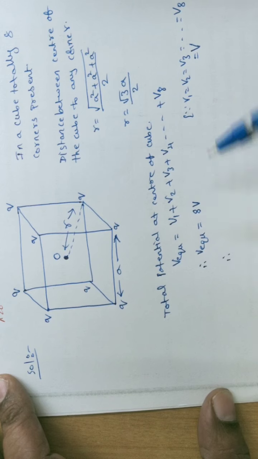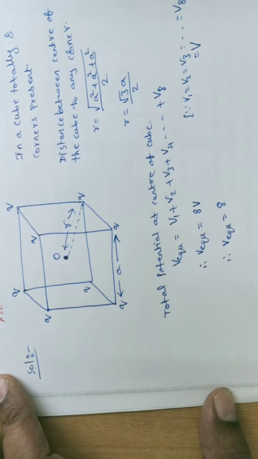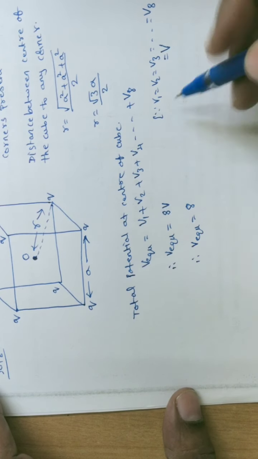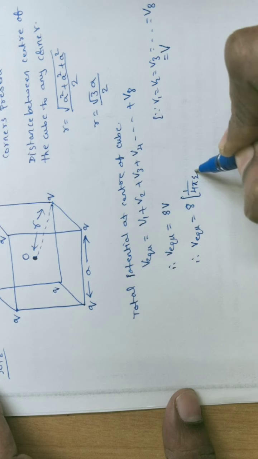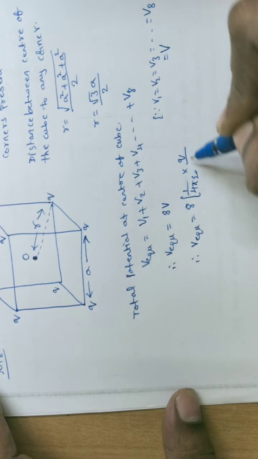So students, V equivalent is equal to 8 times V. In general, what is the formula for V? We can choose 1 by 4 pi epsilon naught, q divided by r.